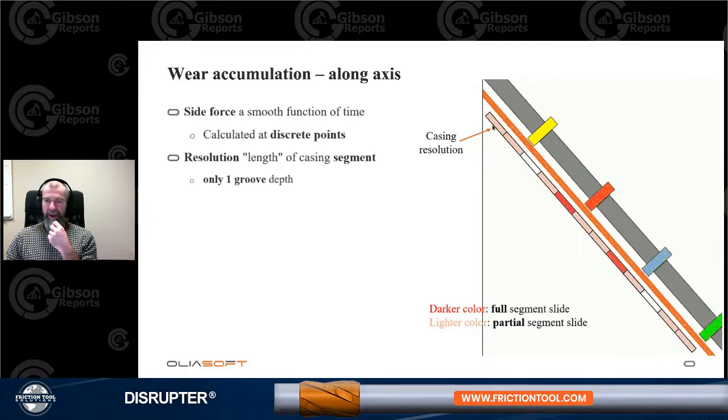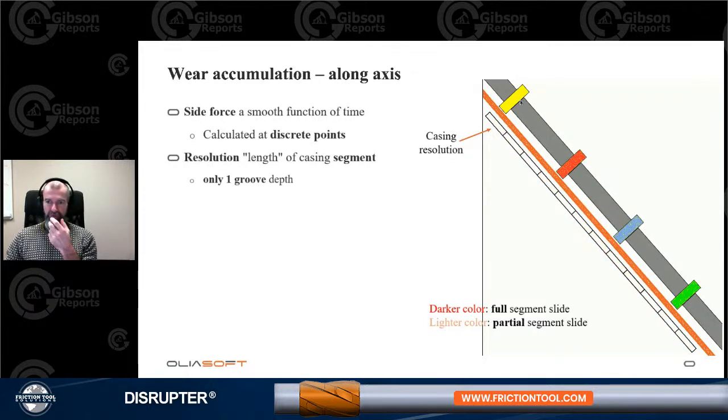So if I do get wear on one of these segments, then obviously I have to apply that to the entire segment. If there is a side force and movement on this segment, I have to apply it here. What I'm illustrating is that if you try to follow one of the colored connectors, we can see when the connector is moving fully across a segment defined by the resolution of the analysis, and when it only partially moves across.